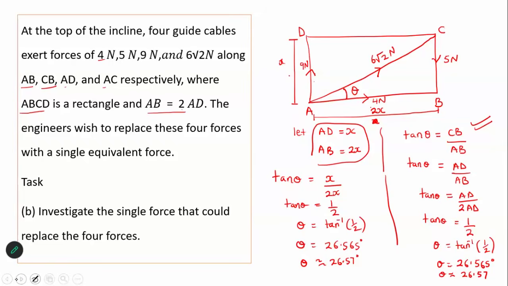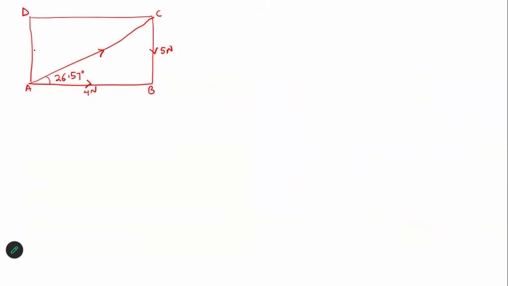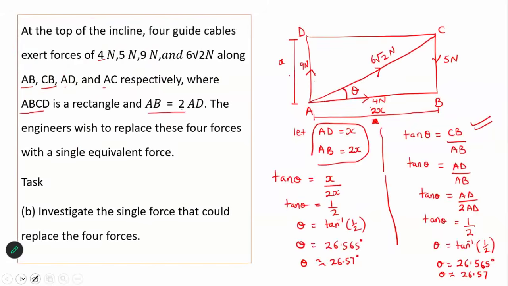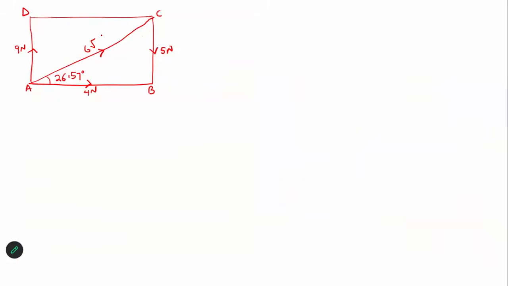This angle we have got is 26.57 degrees, and the forces, allow me to put that this is our A, this is B, C, D. The forces 4, 5. So here we have our 4 Newton, we had our 5 Newton. We had 9 going up, this was 9 going up, and then we had 6 root 2 newtons.